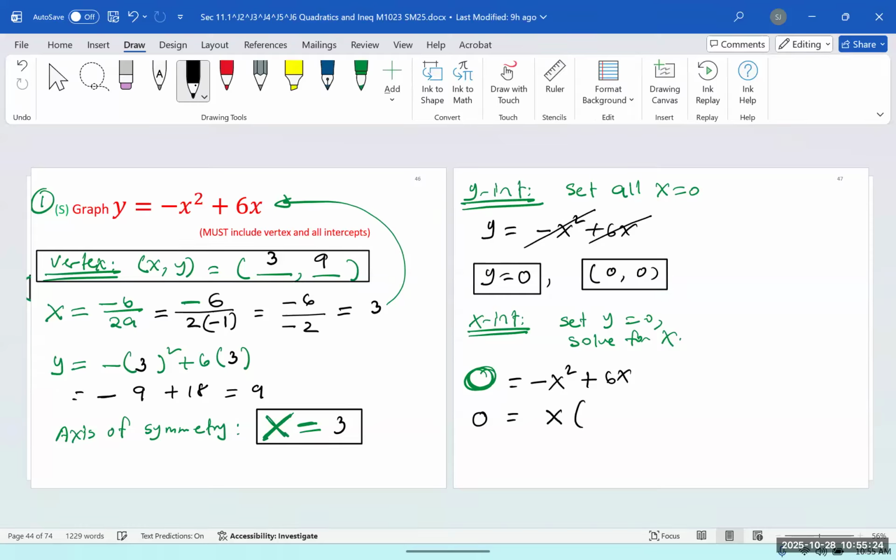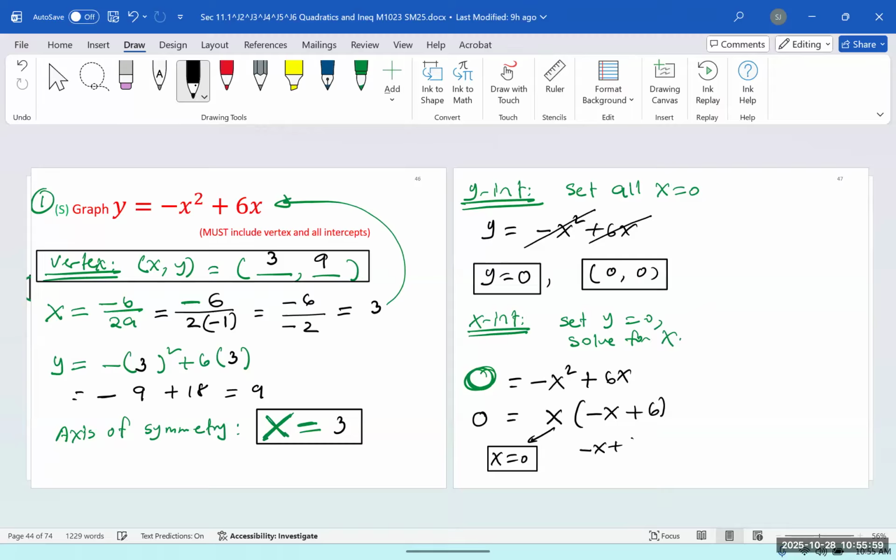So if you factor out x, what is left? Negative x plus 6. Or you can factor out negative x and you get x minus 6. But it doesn't matter. So what do you do with these two factors? You set each of them to be 0 and solve for x. Anytime the product of anything is 0, one of them has to be 0, but which one we don't know. So you set each to be 0.